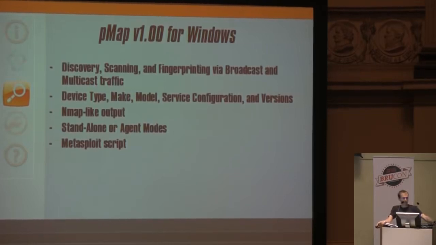I won't be demonstrating the agent mode today, but needless to say, what it allows you to do is feed a subset of pMap's output to the syslog server, so that you can keep an eye on the kind of advertising that's going on your network, especially certain segments that you are concerned about. And then there is a Metasploit script that allows you to do a remote profile.